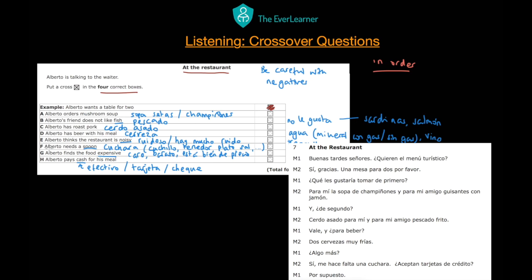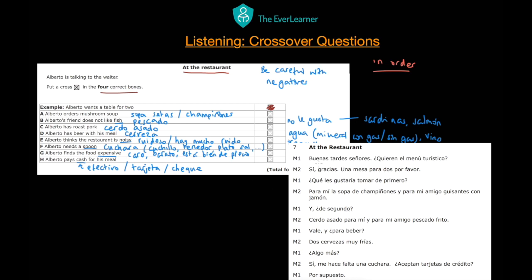So generally speaking, the information will appear in order, okay? This won't happen first, and then this, okay? Generally speaking. Okay, so we've got the transcript here.